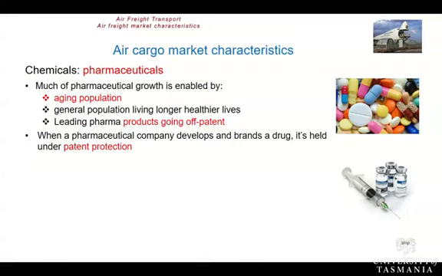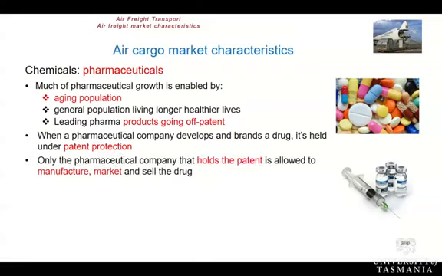And what that patent allows it to do is to develop that drug, and it means that no other company can actually compete with the sale of that particular drug. So you're the only company that can manufacture it, produce it, and market and sell that particular drug.